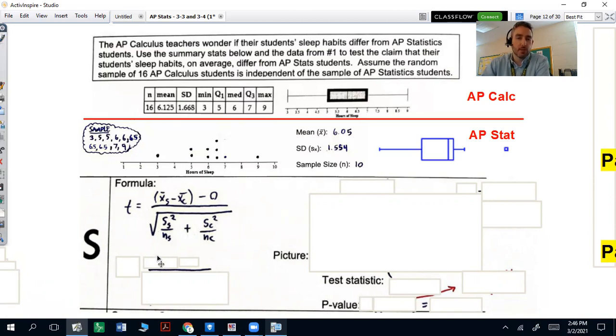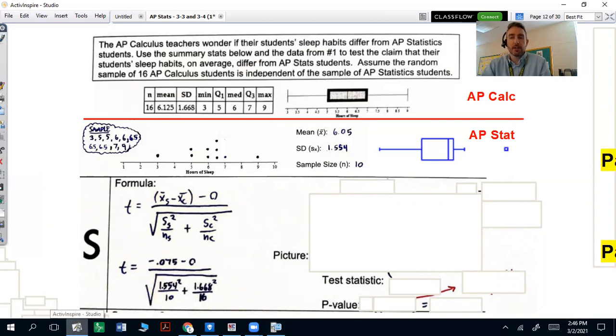I want you to think about what numbers go in where. That's your numerator. We had subtracted those already. Your standard deviations are 1.554 and 1.668, sample sizes of 10 and 16.